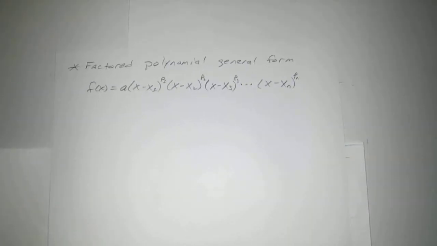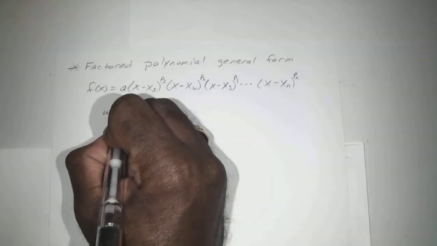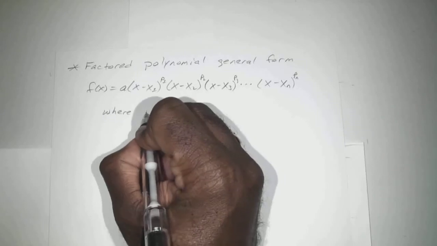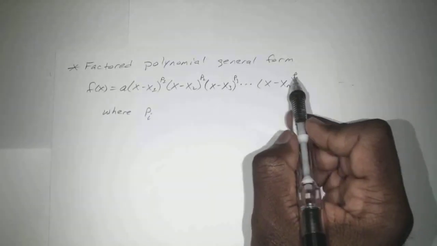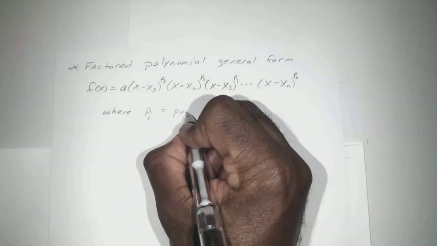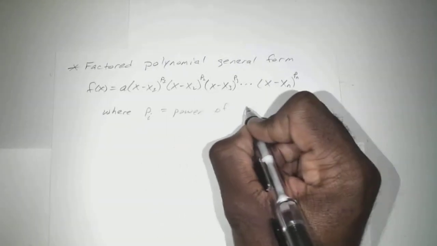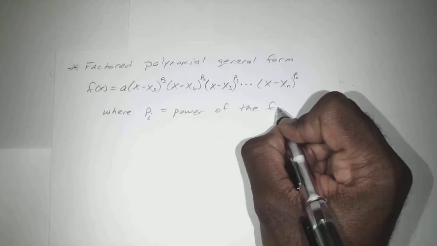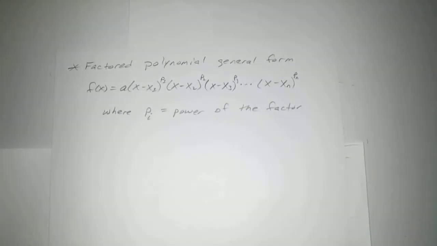Now, in most cases, those are 1, but not always. Sometimes they're squared, cubed. But we know that p sub whatever it happens to be, we'll call that p sub i, equals the power of the factor. Okay. Now, in some of these problems, they won't call it the power of the factor, they'll call it the multiplicity of the factor. Why? I don't know.